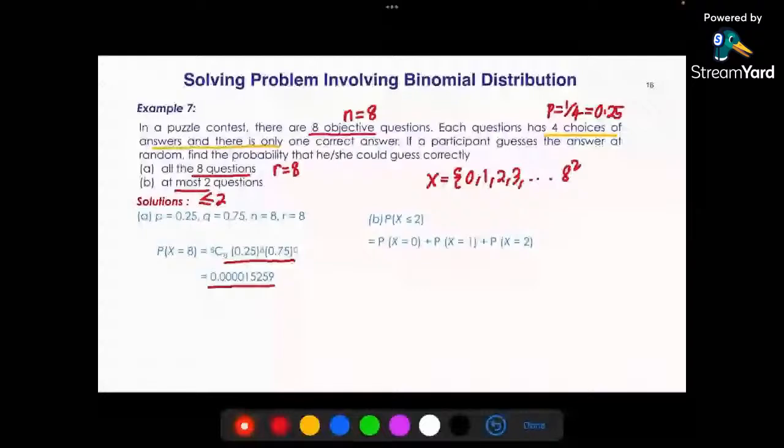So yang ini sahaja. So that's why P(X equals 0), P(X equals 1), P(X equals 2). So kita masukkan dalam formula NCR tu. So you akan dapat yang ni lah. Probability of success and failure sama je. So you get the answer is 0.6785. Final answer. Okay, next one.